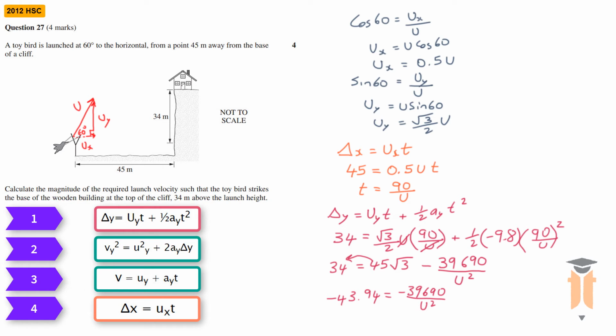So make u squared the subject and then square root it. So we get u is equal to the square root of 39,690 over 43.94, and that gives you a value of 30 meters per second, and that's your answer.